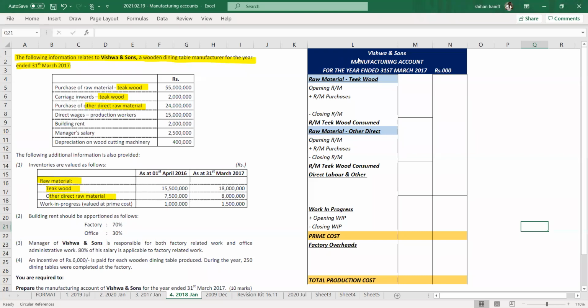So when you are preparing the manufacturing account, you can show them separately, because you need to find out how much teak wood is consumed and how much other raw material is consumed.